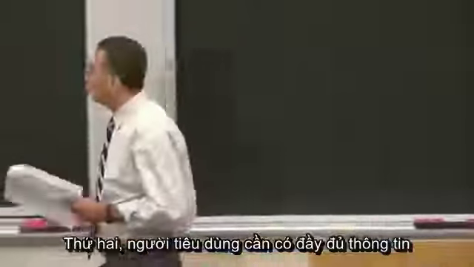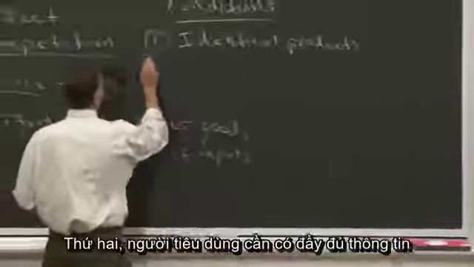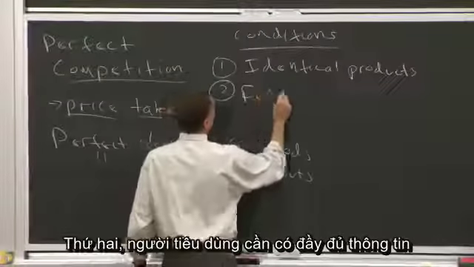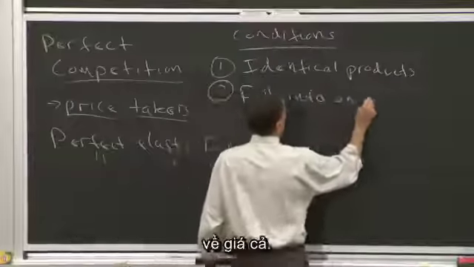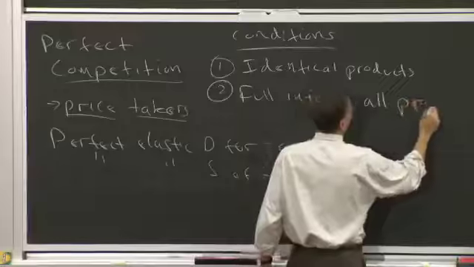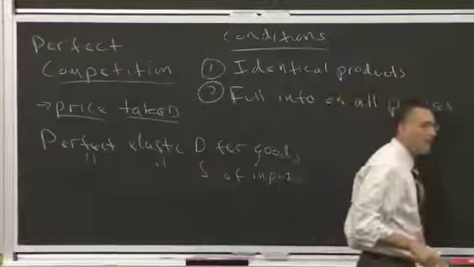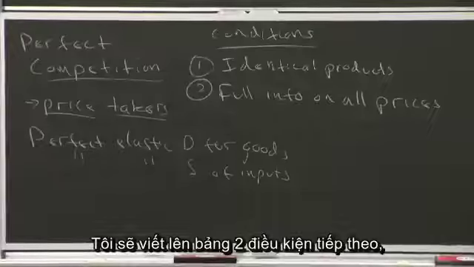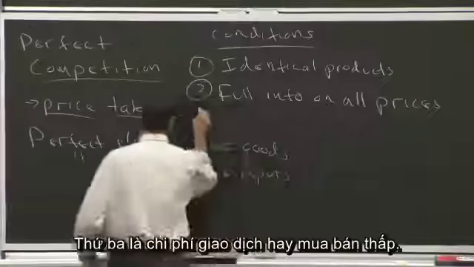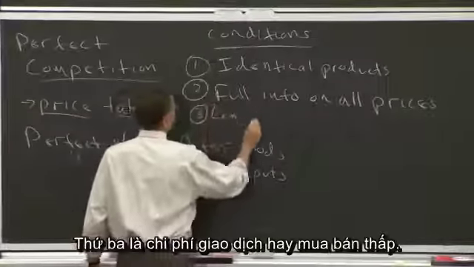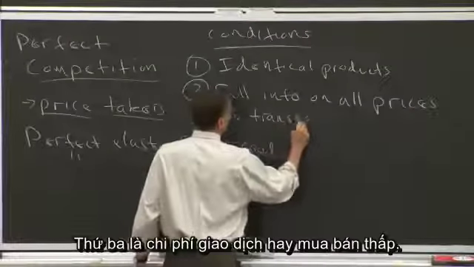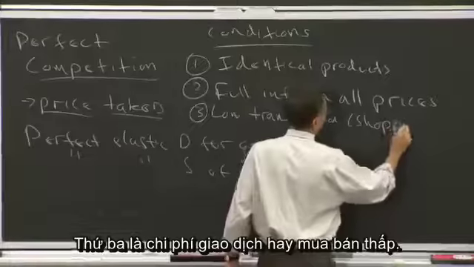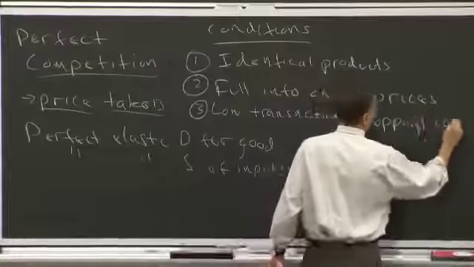Second of all, consumers have to have full information on all prices. Let me write down the next 2 conditions because they're related. And the third is low transaction or shopping costs.